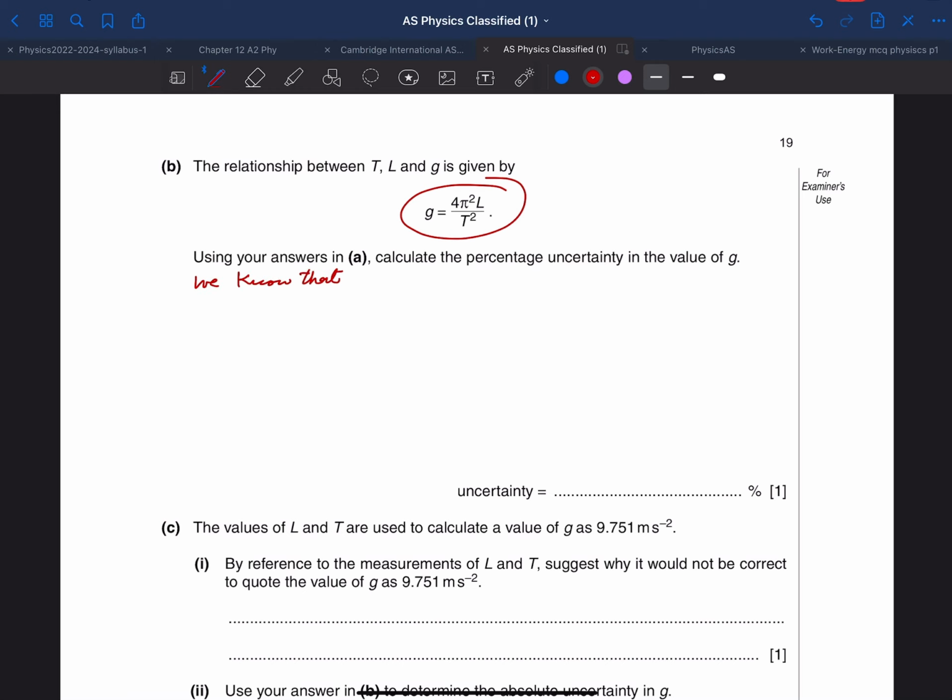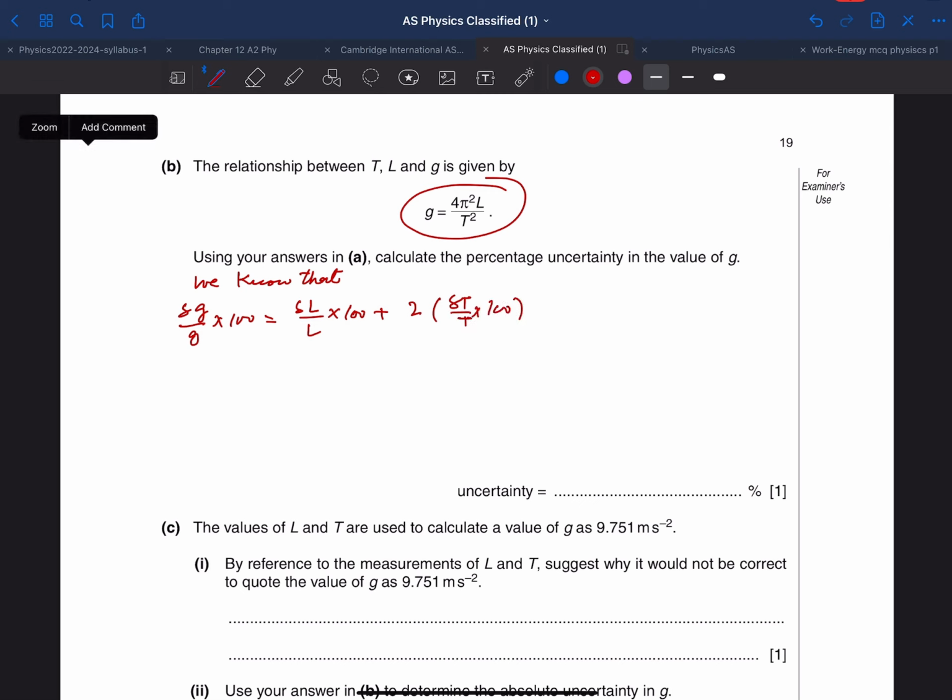we can write in this way that del G over G into 100 is equal to del L over L into 100 plus 2 del T over T into 100.